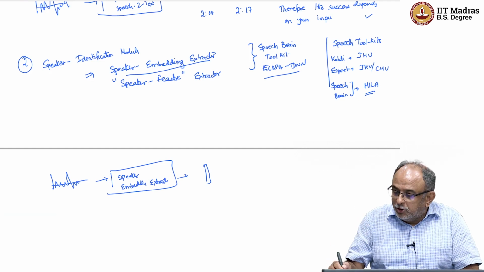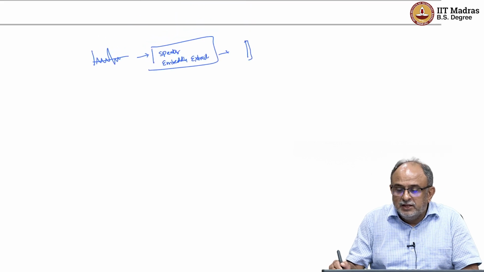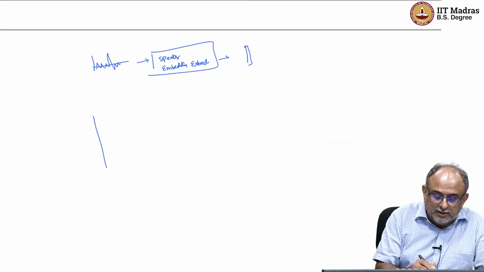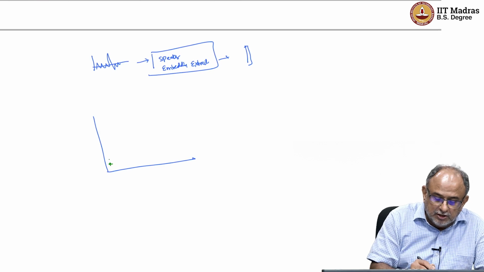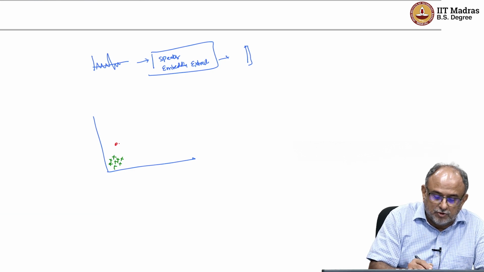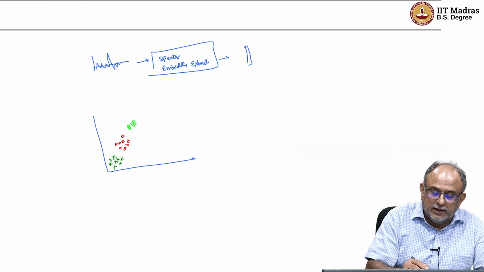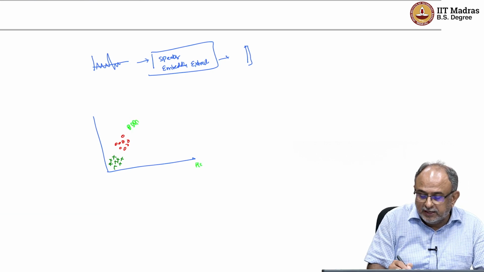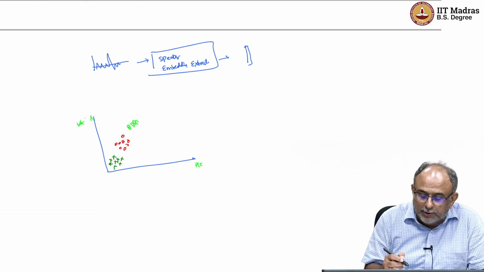Surprisingly, if you recall, in the heights and weights problem, I had some representation or vectors for children, some representation for women and some representation for men. This was the height and this was the weight. The height and the weight itself is a two-dimensional vector.